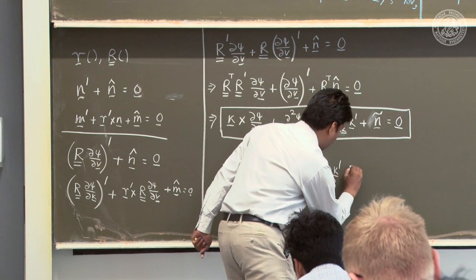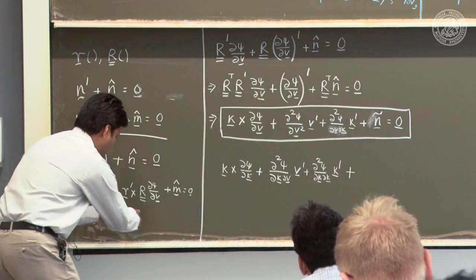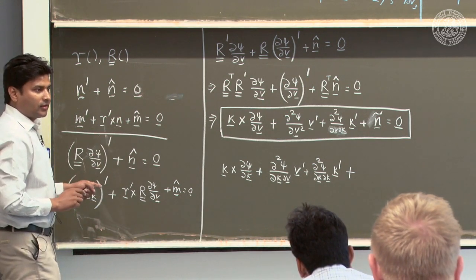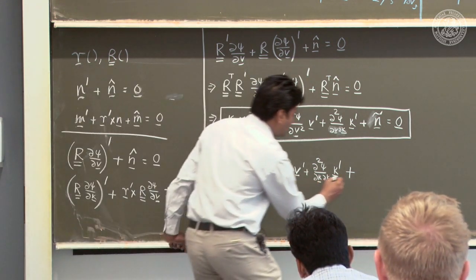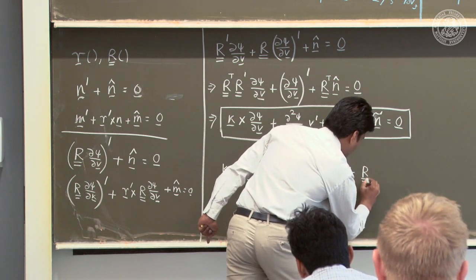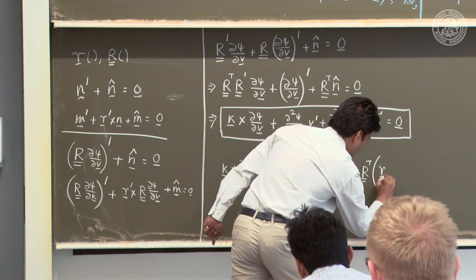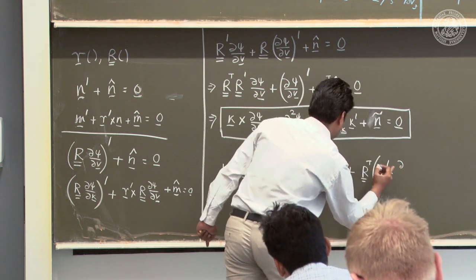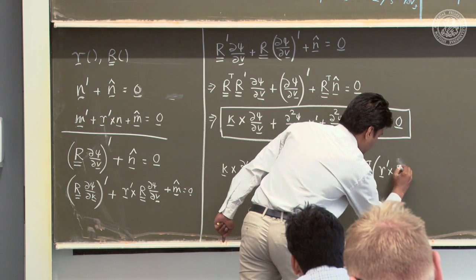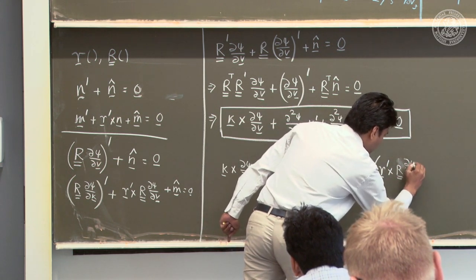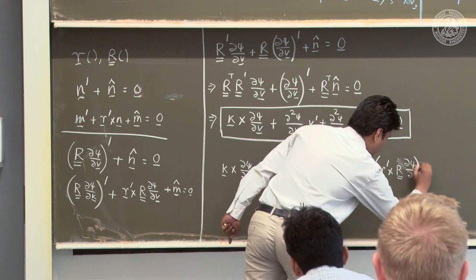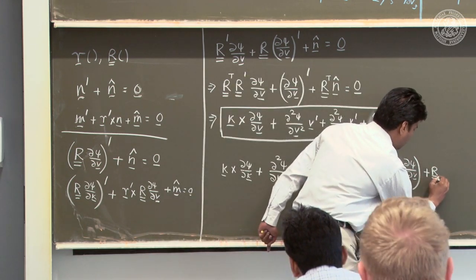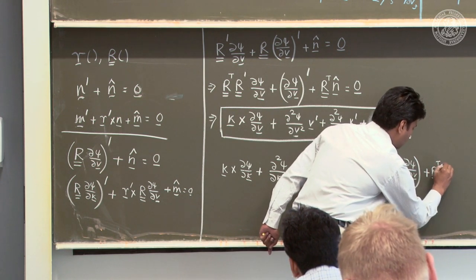Can you think of what's that going to become? So, this term has to be pre-multiplied with big R transpose. Maybe I will just write it over here. Big R transpose little r prime cross big R times del psi over del V plus big R transpose m hat.